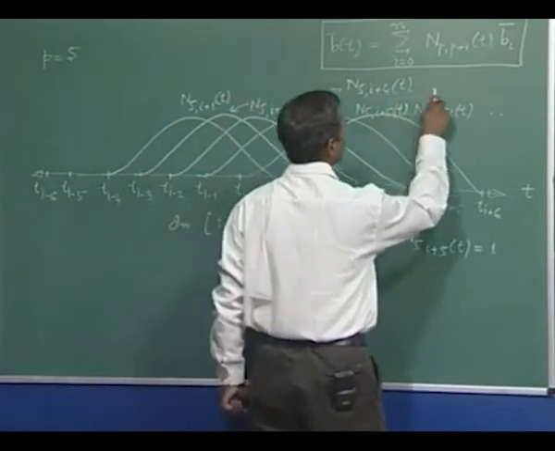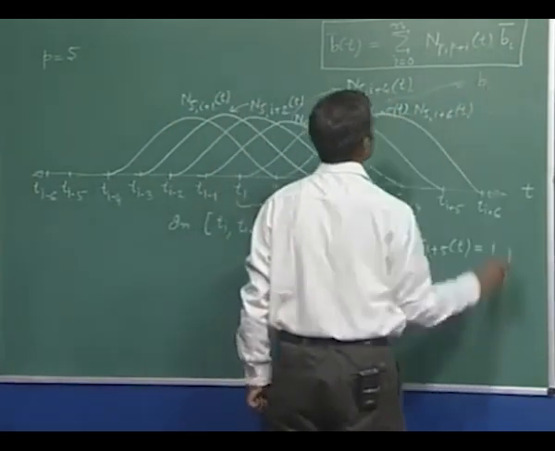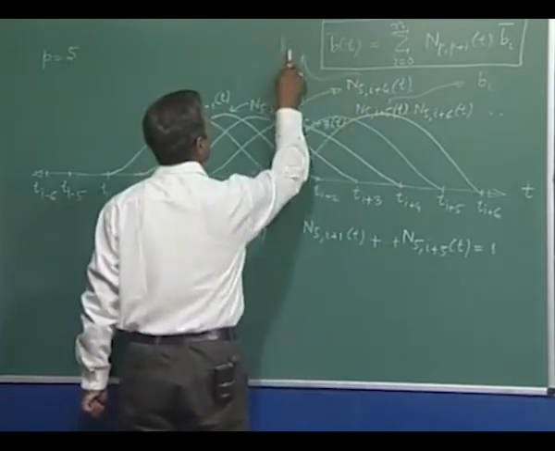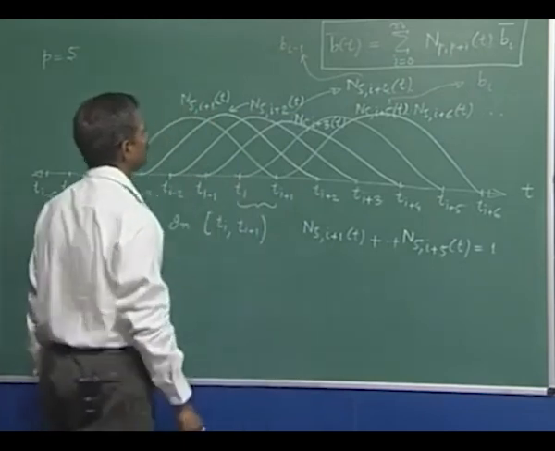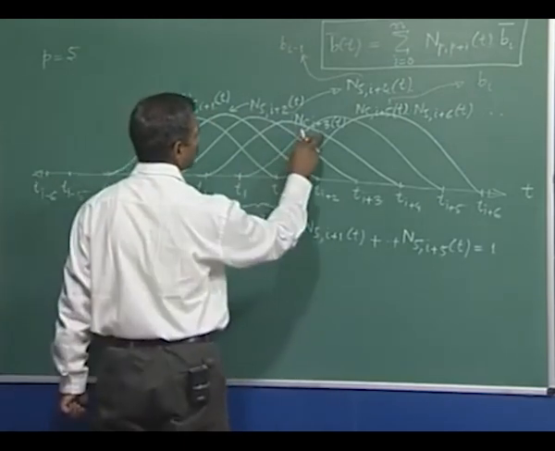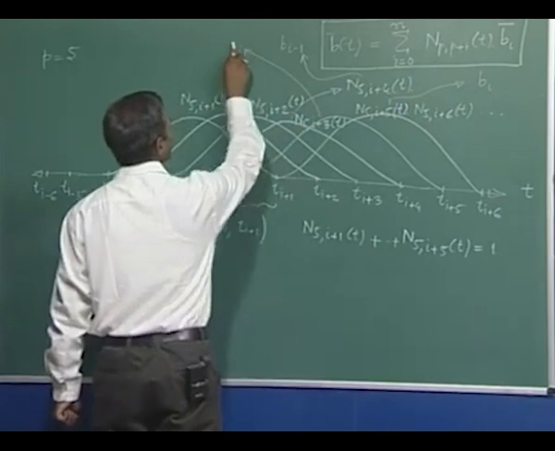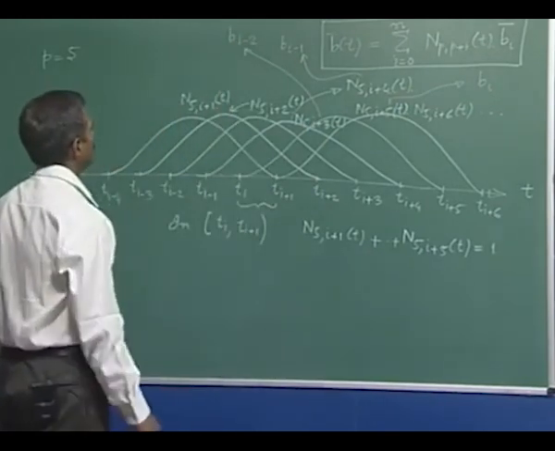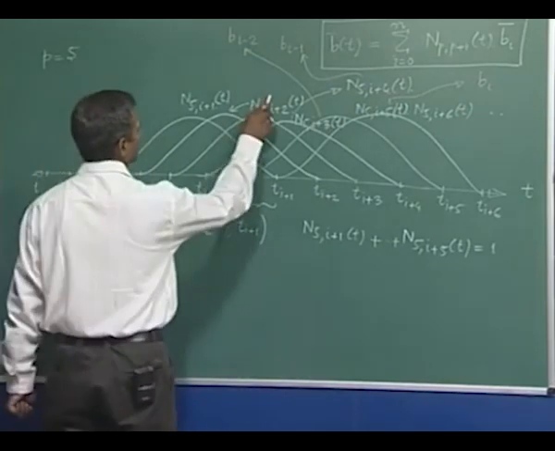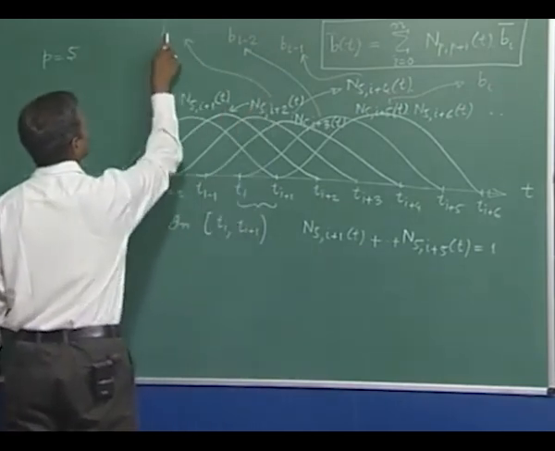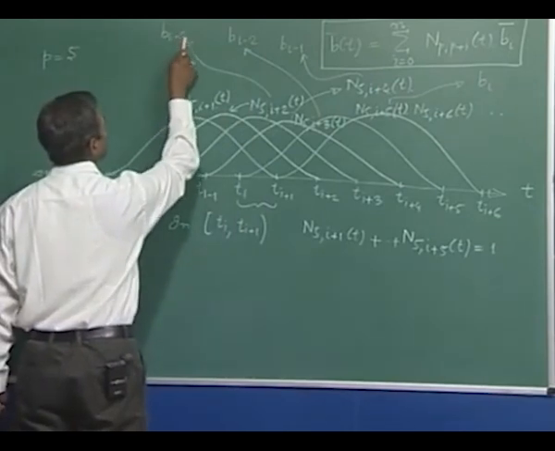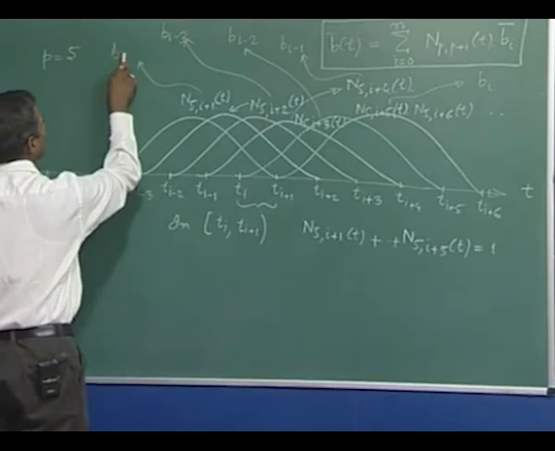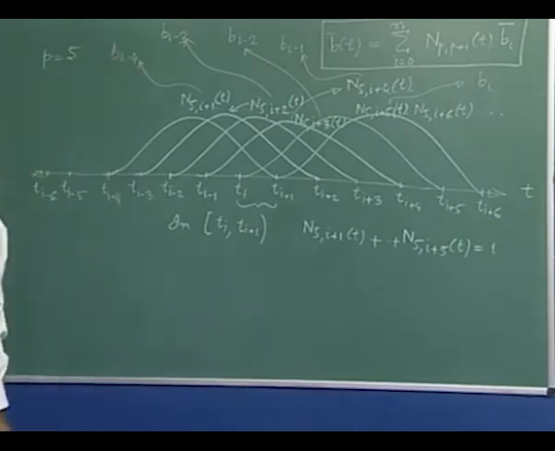With this one, b i is associated. With this one here, b i minus 1 is associated. With N 5 i plus 3, b i minus 2 is affiliated. With N 5 i plus 2, b i minus 3, and with N 5 i plus 1, b i minus 4 are associated.